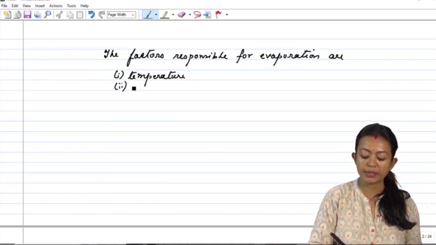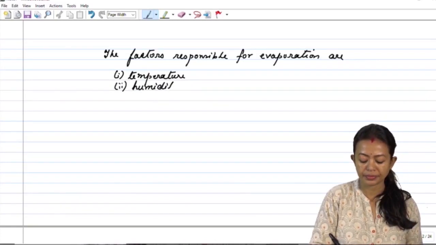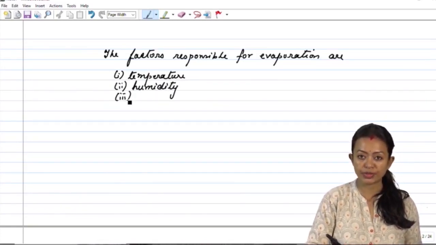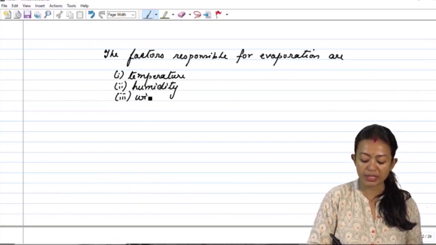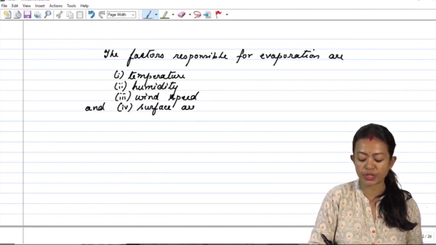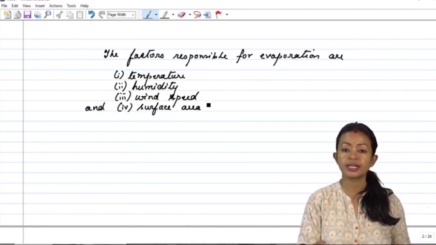Number two is humidity. Next, number three is the wind speed. And the fourth one is the surface area. So these are four important factors which are responsible for evaporation.